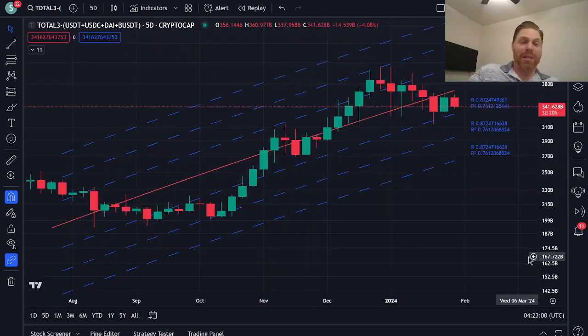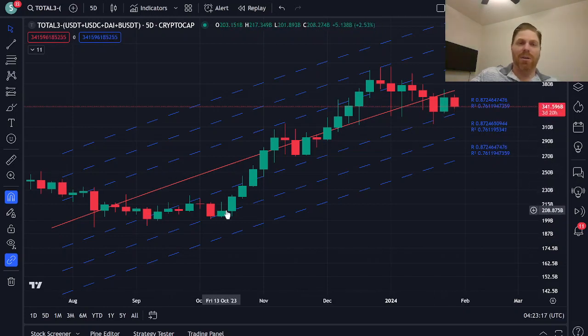Now I'd like to turn my attention to the shorter logarithmic regression uptrend line, which I decided to start around July of 2023. I fit the data from July of 2023 up to the present day, and you'll see here's the mean line of this logarithmic regression.